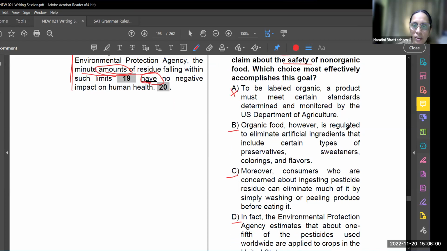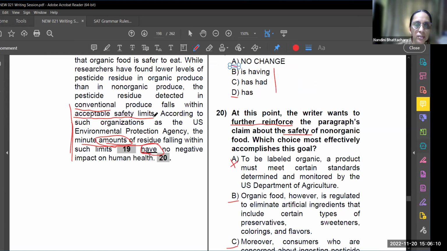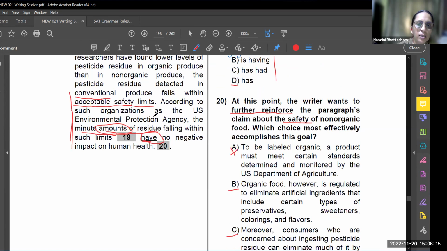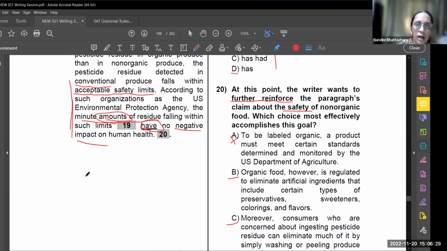Here we are talking about the pesticide residue in conventional produce being within limits and having no impact. So these were the keywords that we picked up from these sentences.